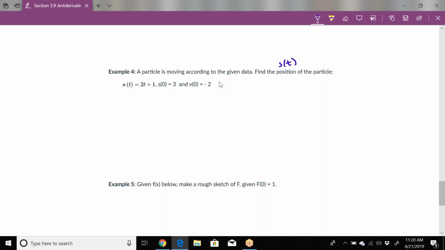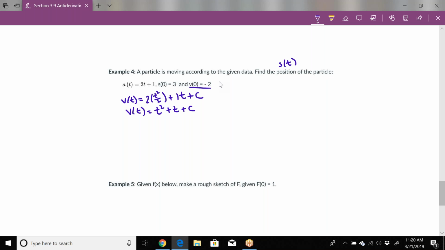So if we take the antiderivative of a of t, that's going to be v of t, because velocity is the derivative before acceleration, and raising the power, that's going to be 2t squared divided by 2 plus 1 times t now, and then plus c. So this would be v of t is t squared plus t plus c.